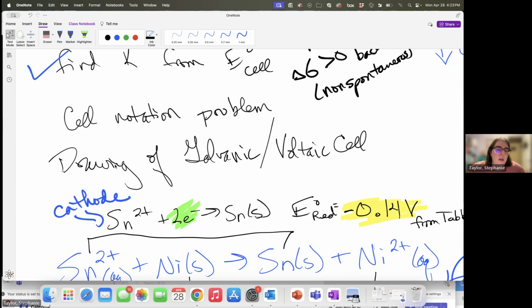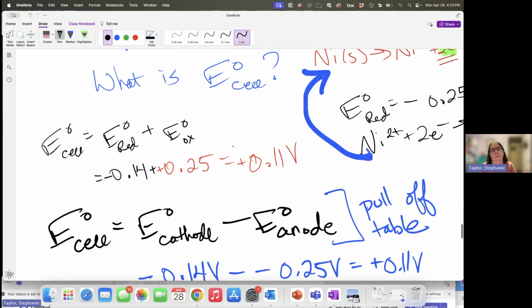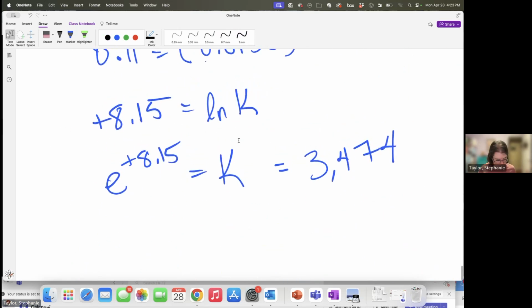So, drawing of galvanic voltaic cell notation. Let's do a cell notation problem. On a cell notation problem, we oftentimes ask a really similar question, something like, what is E cell?